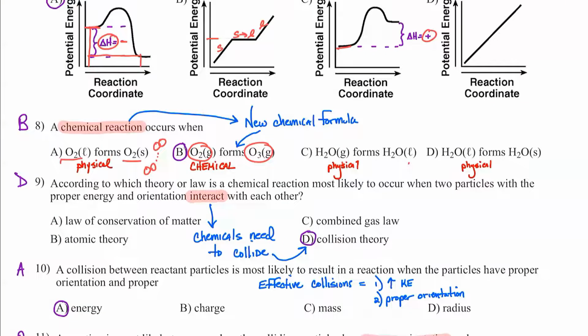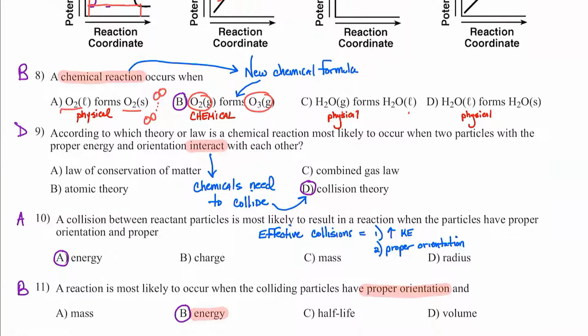Okay, number 9. Which theory or law says a chemical reaction is most likely to occur when two particles with proper energy and orientation interact with each other? Hey, this is collision theory. In order for molecules to react, they have to physically combine, and they have to combine with enough energy to overcome their activation barrier or activation energy.